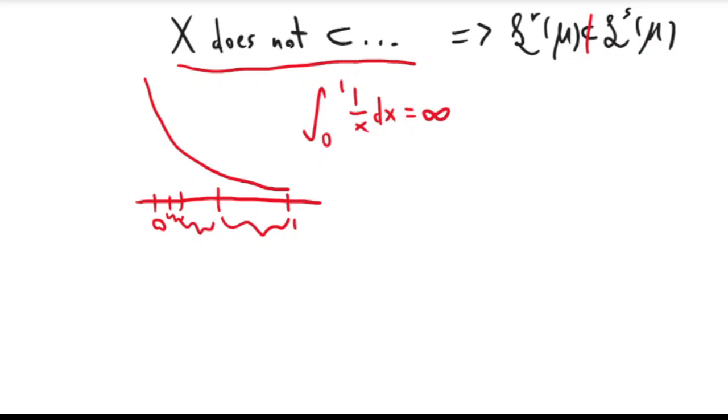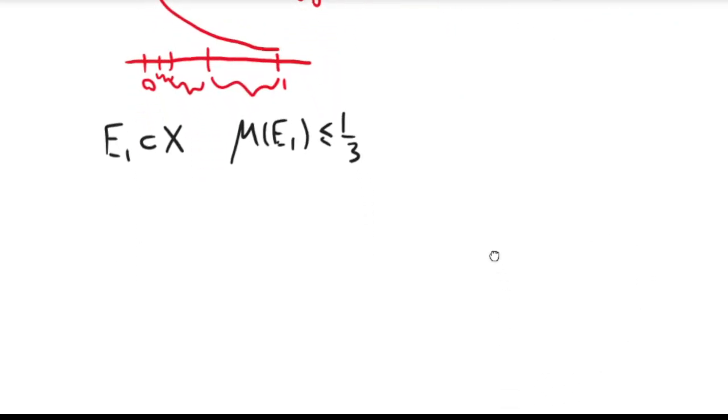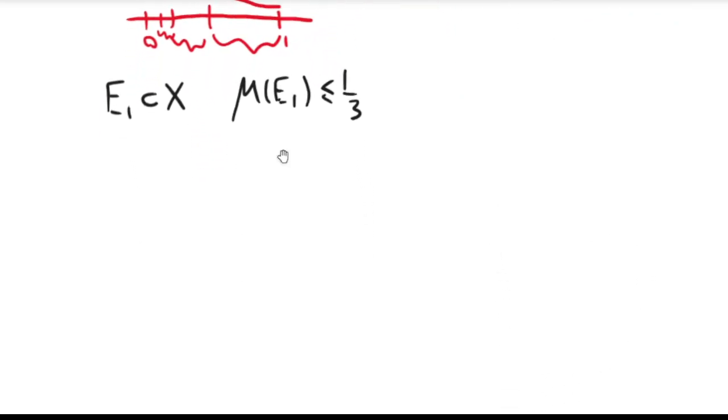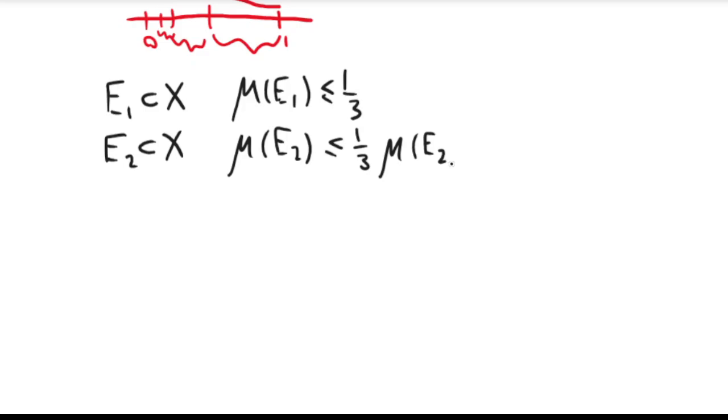And we know that we can find a subset of X where, for example, the measure is no bigger than 1/3. So we know by assumption that we can do that. And then we know that we can find another set whose measure is no more than 1/3 the measure of the original set.